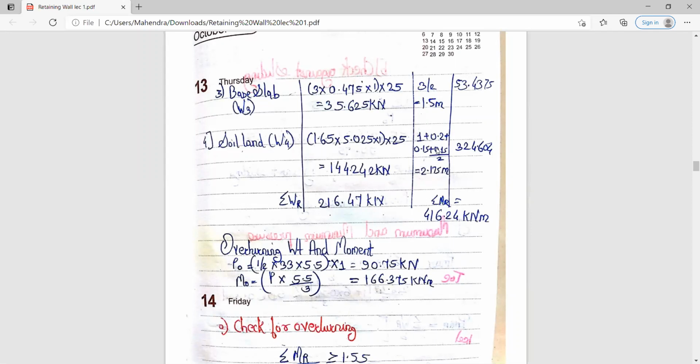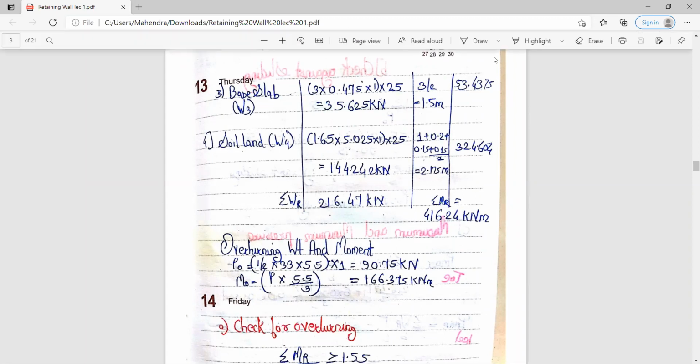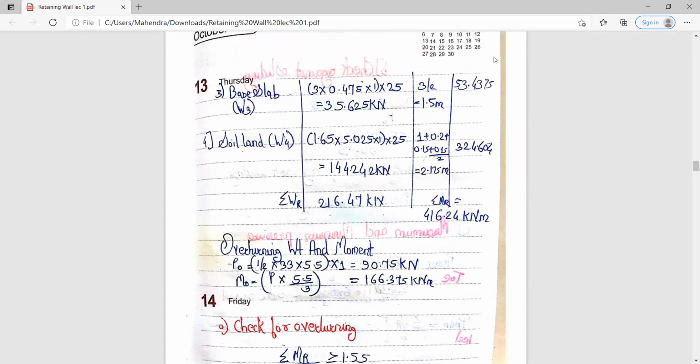For the distance, consider 1 plus 0.2 plus 0.15 plus 0.15 divided by 2, which comes up to be 2.175. Then the bending moment comes to 324.604.